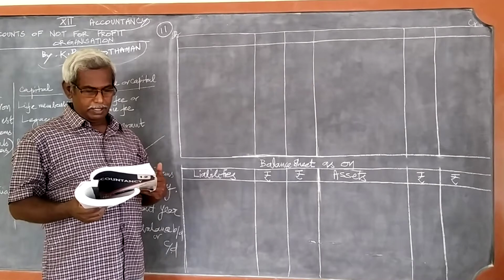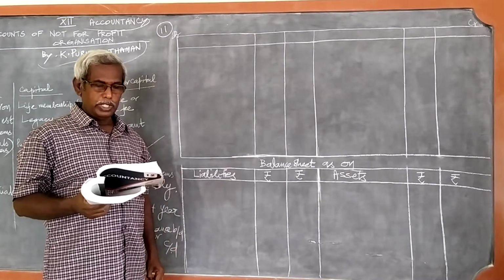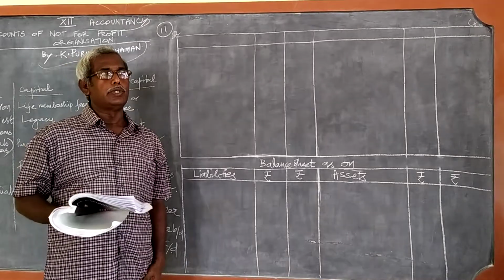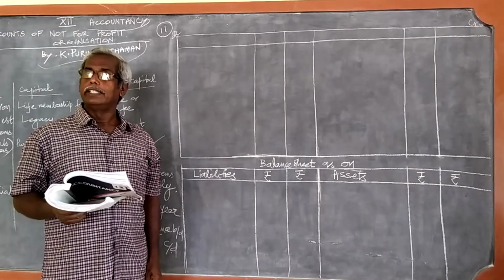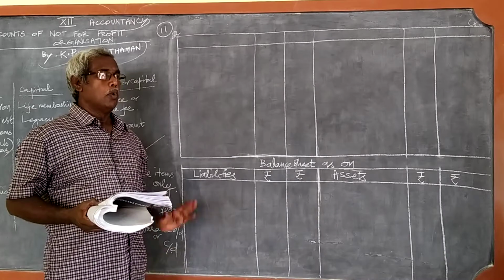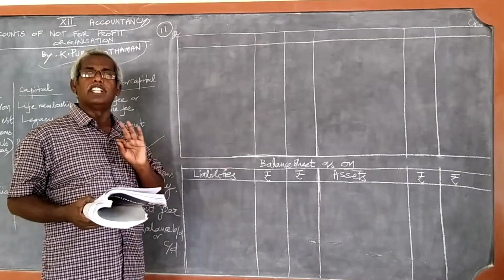But for 11, what is the question given there? Compute income from subscription. So we should calculate the income from subscription. So we should prepare only income and expenditure account for this problem number 11.